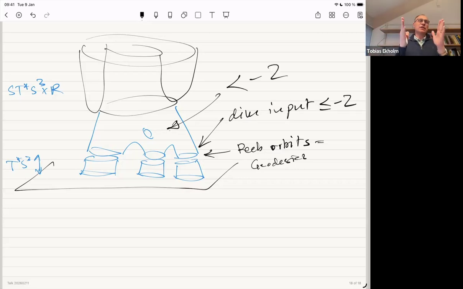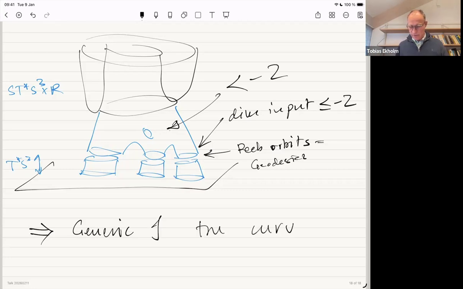And that means that for generic data, it's not going to happen. So this implies that for generic J, generic stretching, all curves leave in the neighborhood.